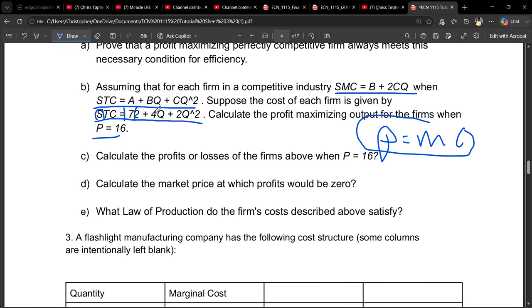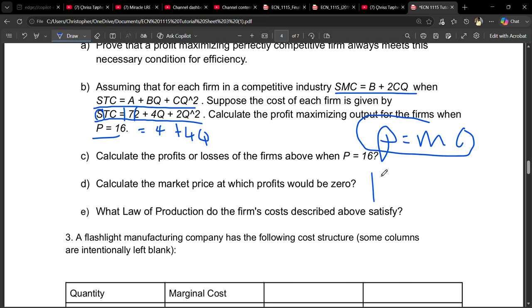If you differentiate 4q, you have 4 only. Then if you differentiate 2q to the power 2, the power is 2, so 2 times 2 is 4, and 2 minus 1 gives us q. So this is our marginal cost: 4 plus 4q.